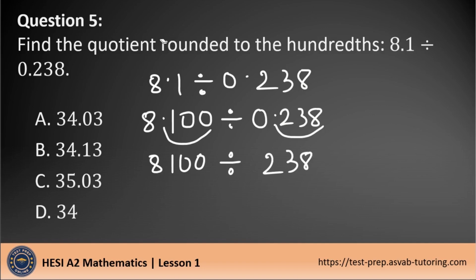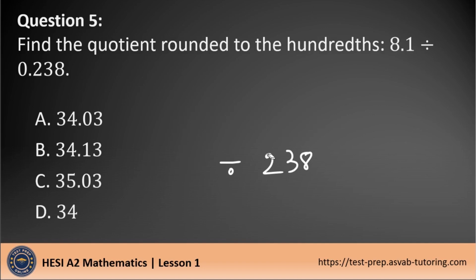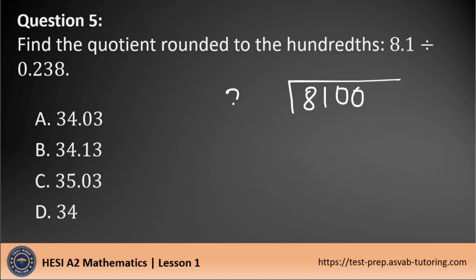So we will just remove all those things, and now we will write it this way. It's 8100 divided by 238. So first we're going to take 34.03.